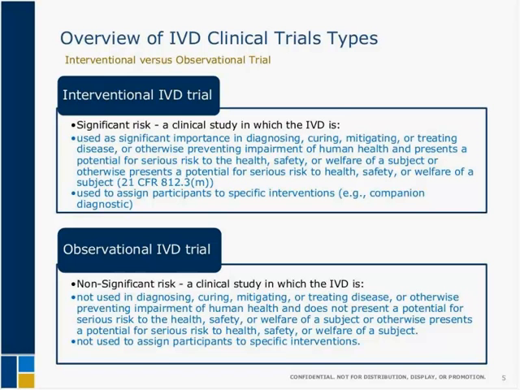Observational is not. And because the observational is not, it is not considered a significant risk and does not require things like an investigational device exemption. So you have to take that into account when you're planning your trial design.